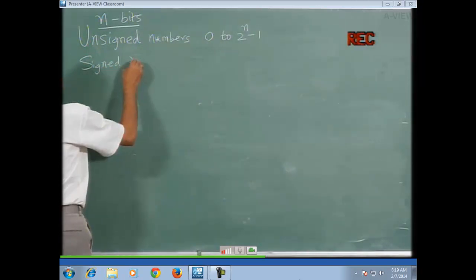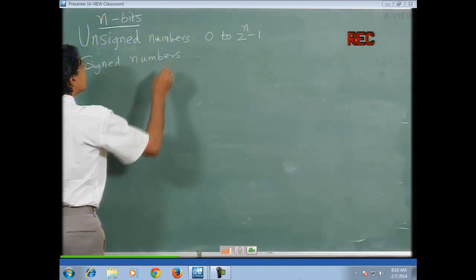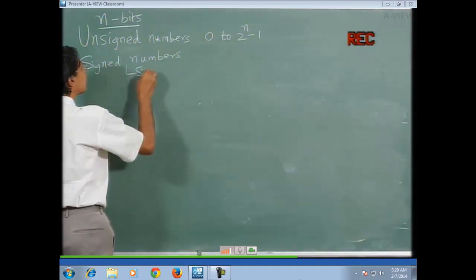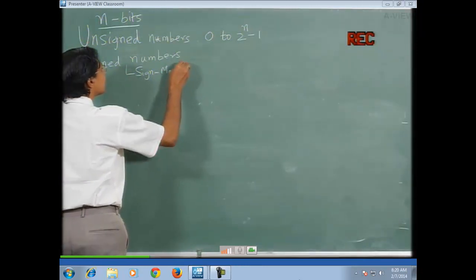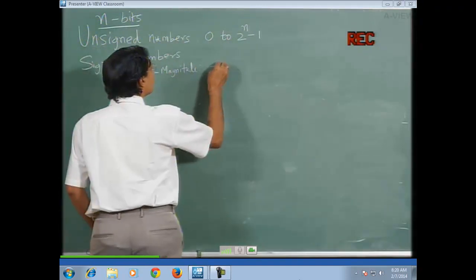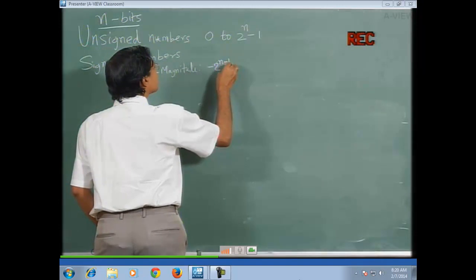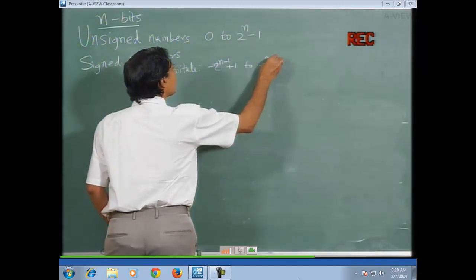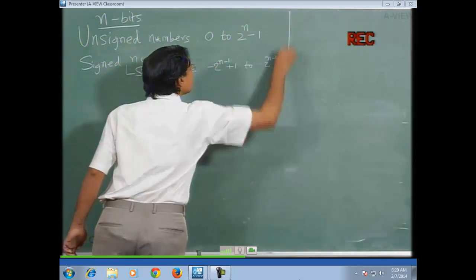Signed numbers in the sign magnitude representation will be from minus (2 power n minus 1 minus 1) to plus (2 power n minus 1 minus 1).